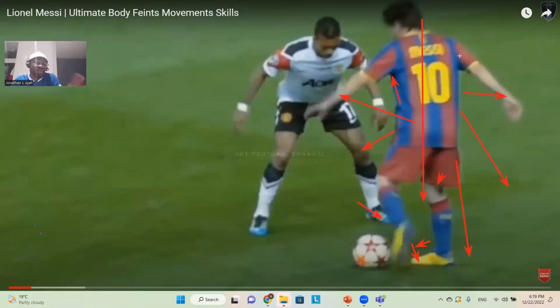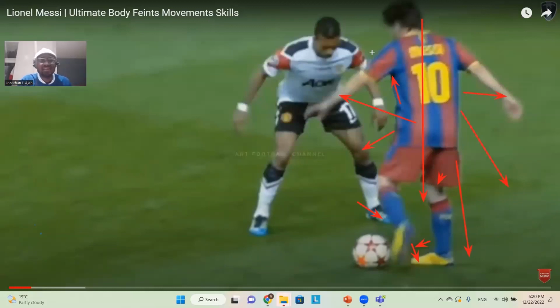Now, if we analyze this player, we can clearly see that for Messi to dribble a player, either to the player's right or to the player's left, he needed at least about 8 movements. So let's quickly go through. One, he needs to keep his back stationary. That's important to achieve a very good center of gravity so that he can do this movement and not fall.